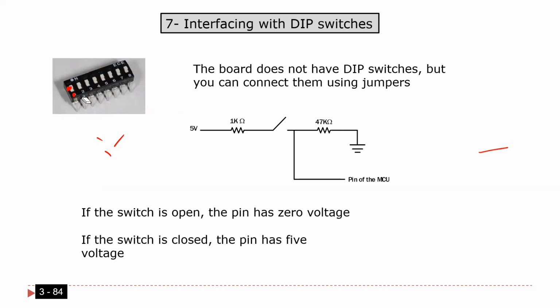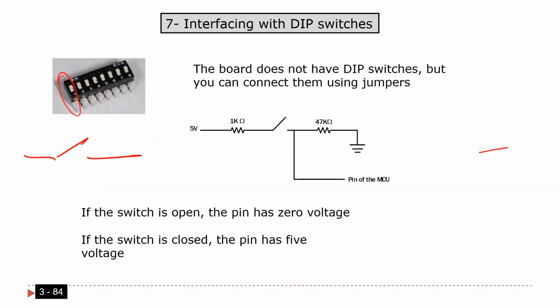The chip has 8 switches, and everyone has one pin here and one pin here. Each switch is going to connect these two together, or make them open circuit. For the coming lab, we are only going to use one of them. In the future or in your project, you can use more than one.